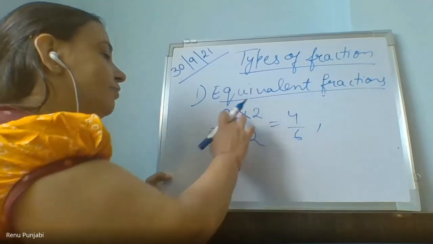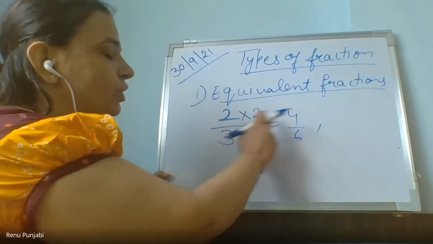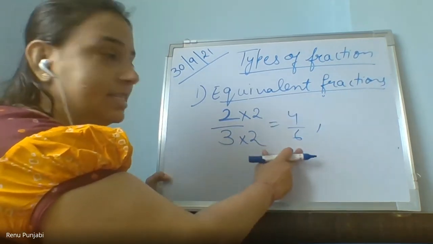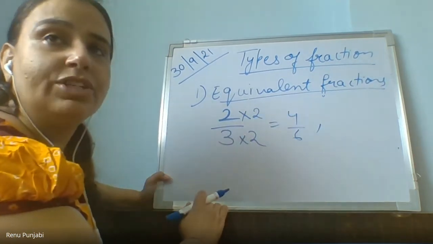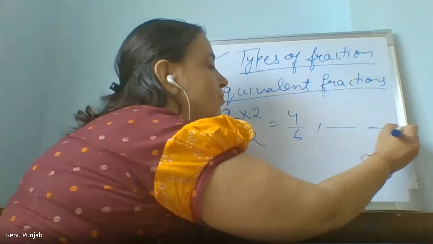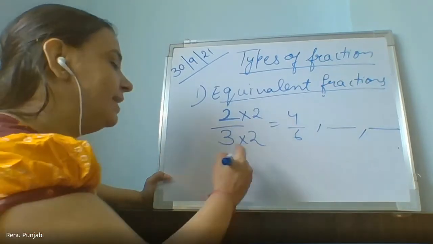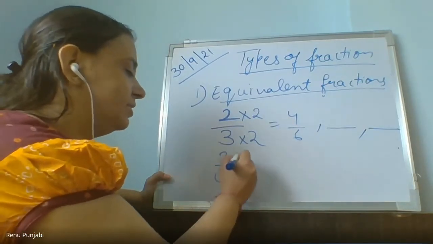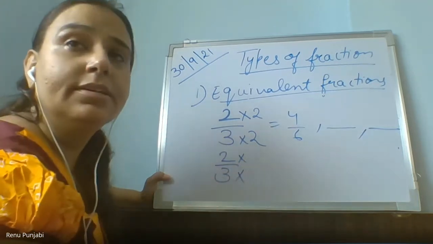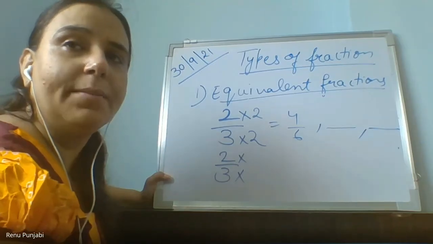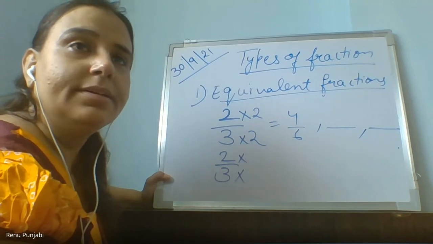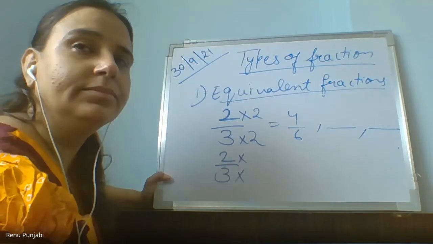Bhakti, first I have multiplied 2 with 2, that is 4, and 3 into 2 is 6. This is the first equivalent fraction. I need to find 2 more equivalents, same as 2 upon 3. So now I will multiply 2 upon 3 with which number? Yes, Laisha, 2?